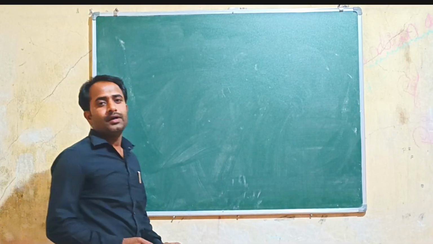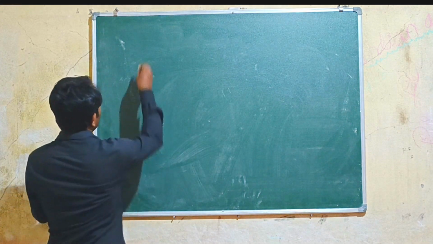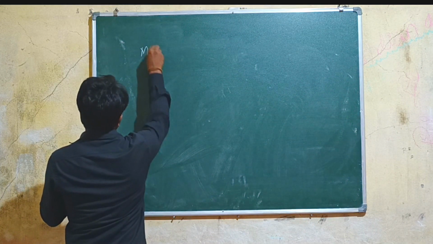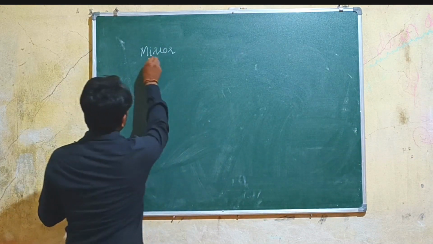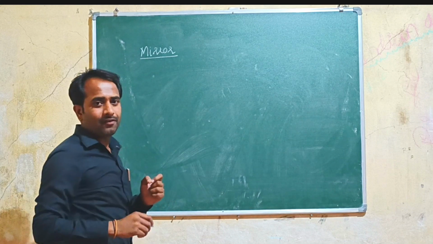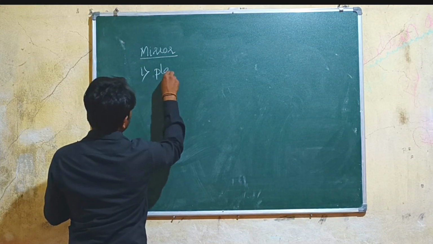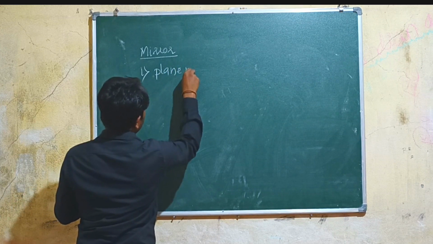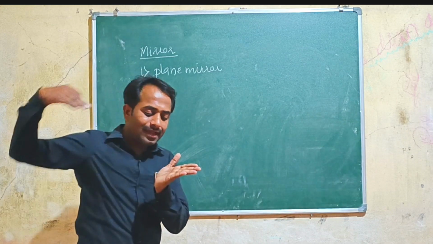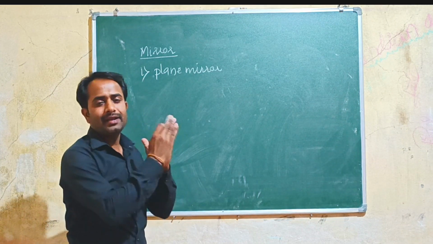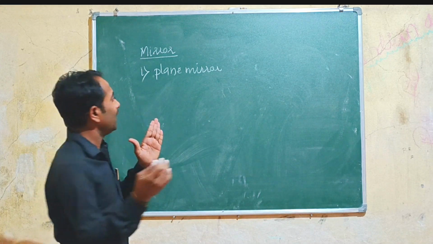In the next topic, light is used in mirrors. There are two kinds of mirrors in nature. First one is the plane mirror. If the reflecting surface is plane, such mirrors are called plane mirrors.